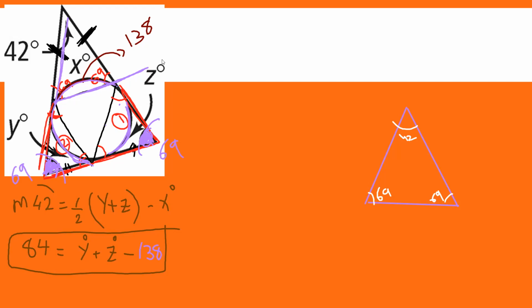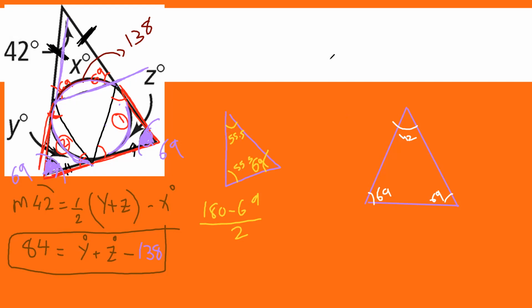Let's go back to the triangles. If we assume that this triangle here is 69, the measure of these two angles here, since they are equal, will be 180 minus 69 divided by 2, which is 55.5 and 55.5.